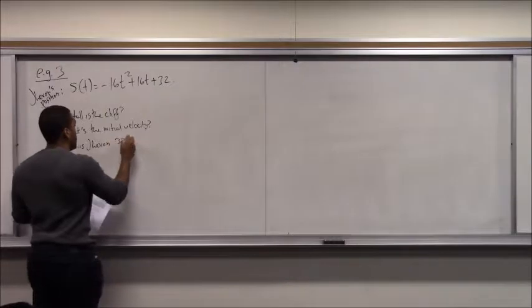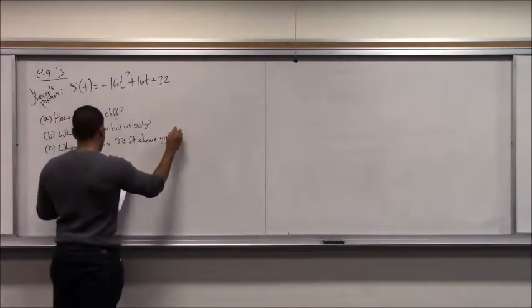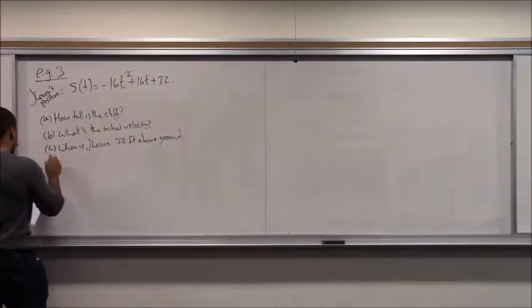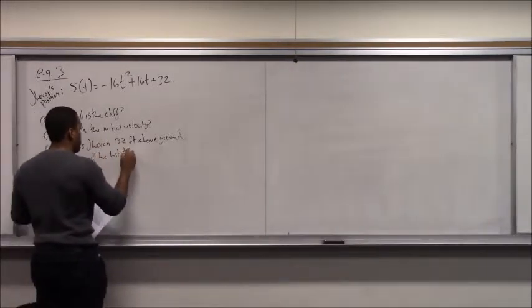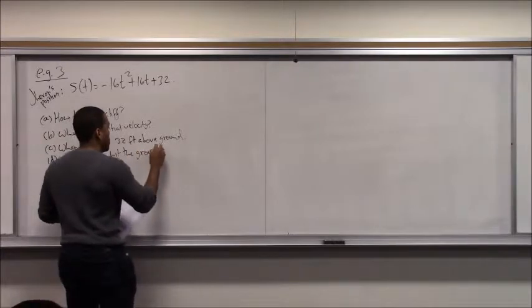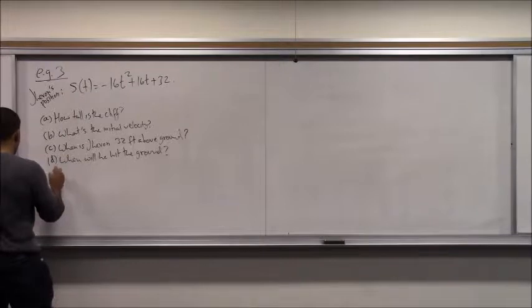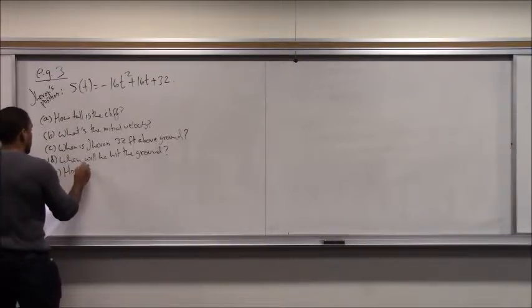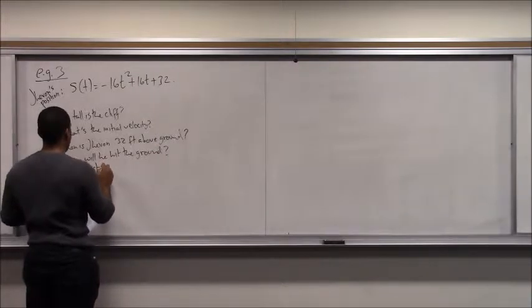When is Jhevon 32 feet above ground? When will Jhevon hit the ground? How fast will he hit the ground? So what speed will he be moving when he hits the ground?